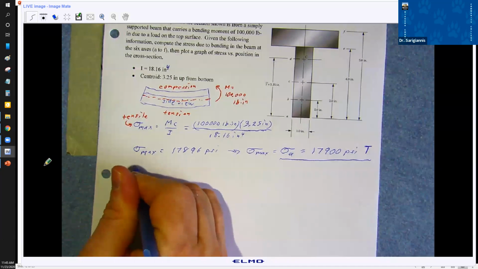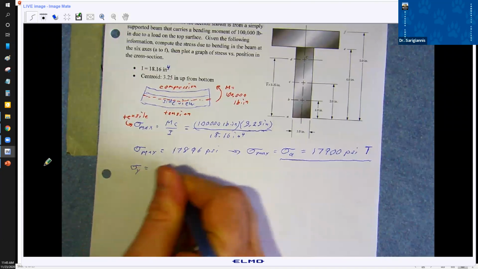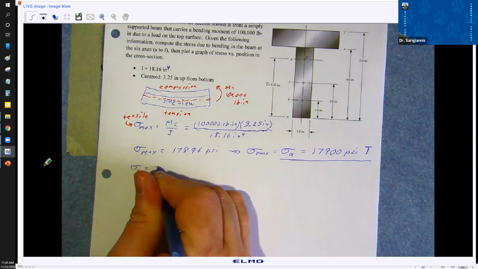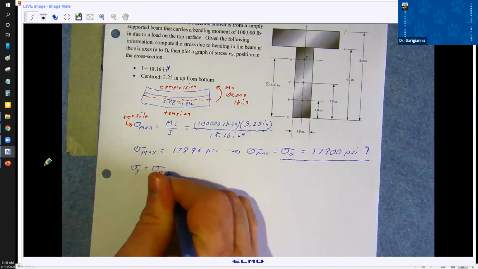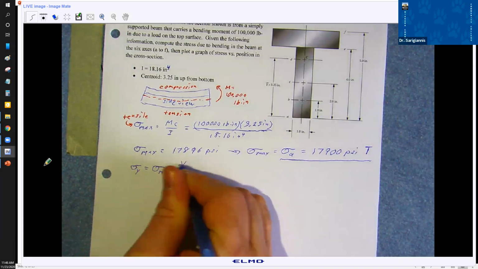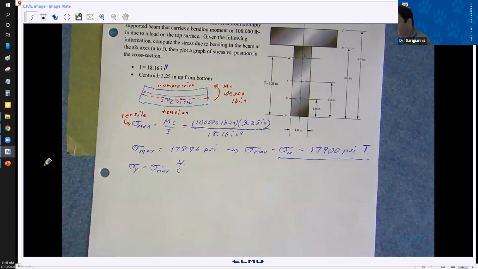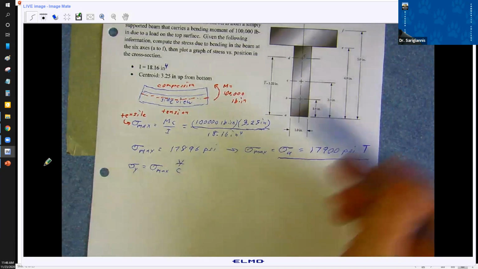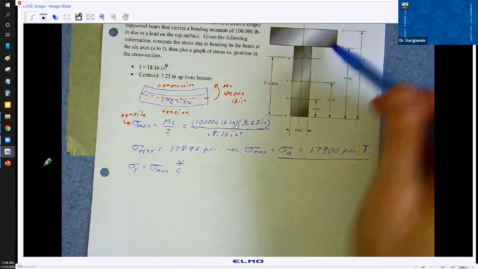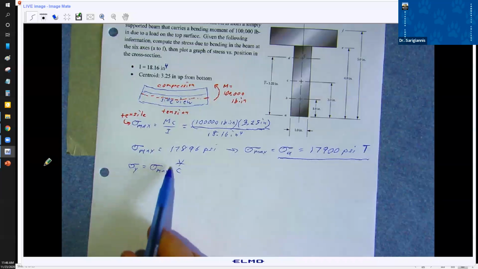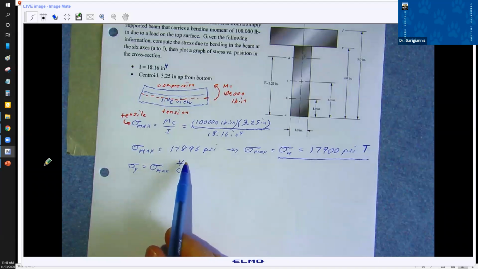So let's look at sigma y equals... Now, the stress at a given distance y from the centroid is just the max stress times the ratio of the distance you're interested in divided by the distance from the centroid to the maximum location.